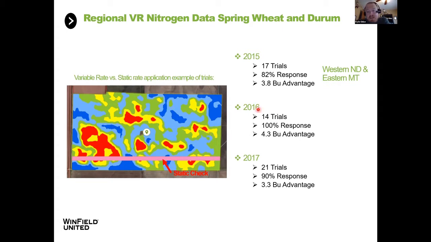So the majority of the time we had really good response rates, and without even looking into the quality aspect of it, we were always seeing a nice little yield advantage, and we were spending the exact same amount of money on nitrogen, just reallocating where those nitrogen dollars went. So anyways, just building into this precision management thing.